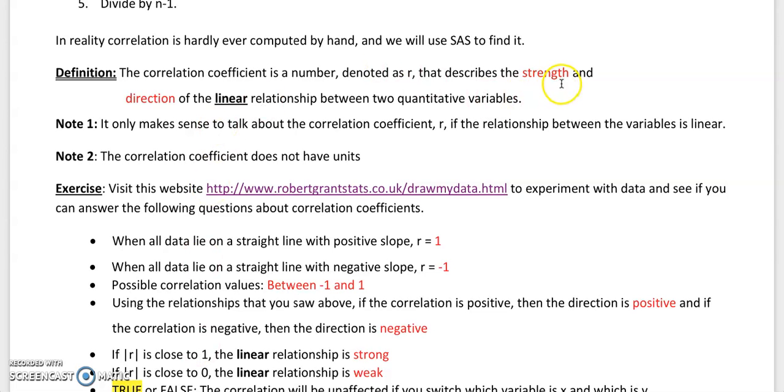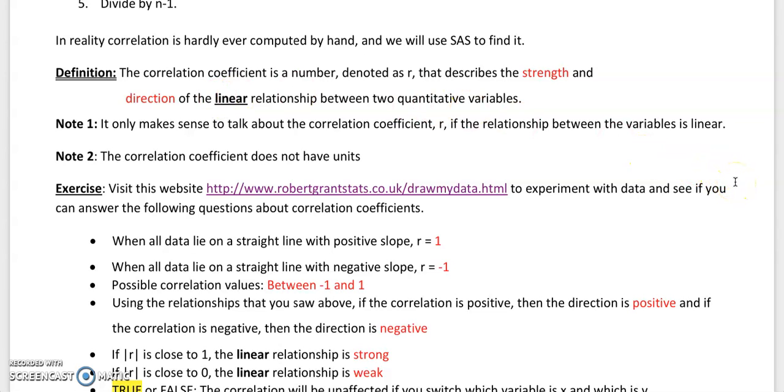So up here, we said that the correlation coefficient can describe the strength. Is it close to positive or -1, or is it close to 0? And it can describe the direction. Is it a positive number or a negative number? So we don't have to try to guess at this and say, it's kind of moderate, maybe weak. We can use this number to help us out.